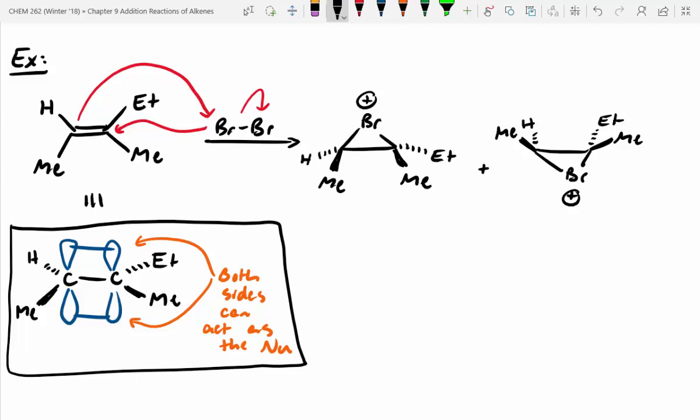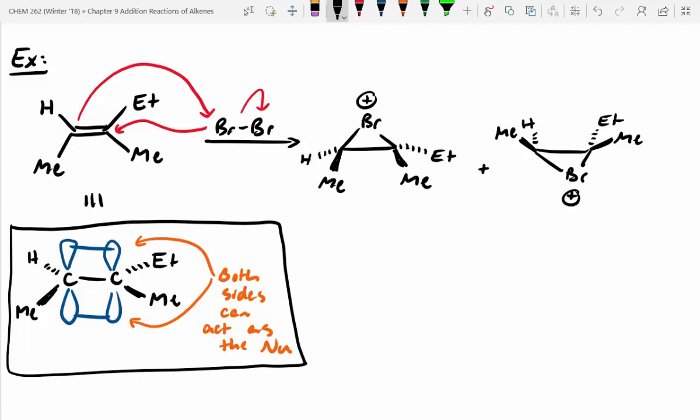So the bromine's still in the same position, so they're not constitutional isomers. But let's just imagine picking this molecule up, moving it down underneath. They're mirror images of one another, right? But they're non-superimposable mirror images. So what would we call that if they're non-superimposable? Enantiomers, right? So we've created a mixture of enantiomers as our intermediate.